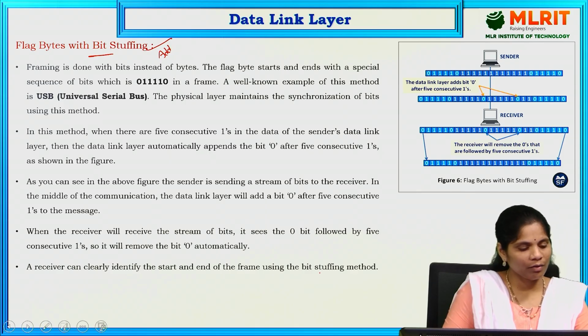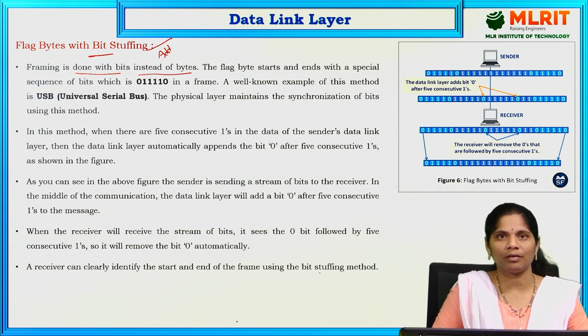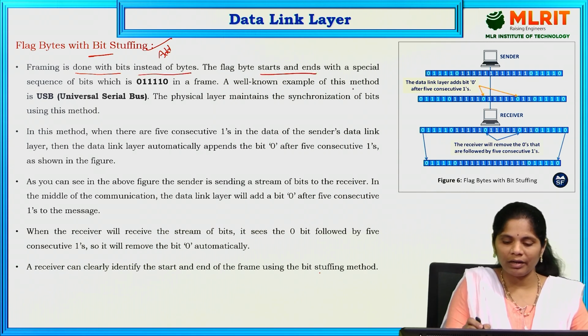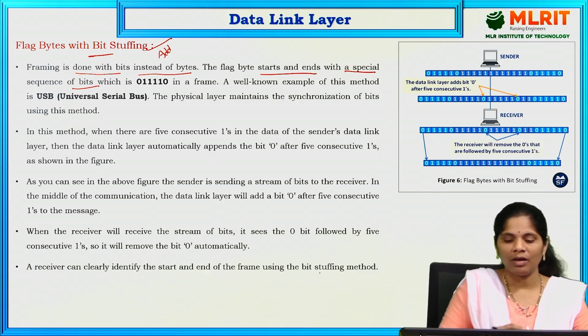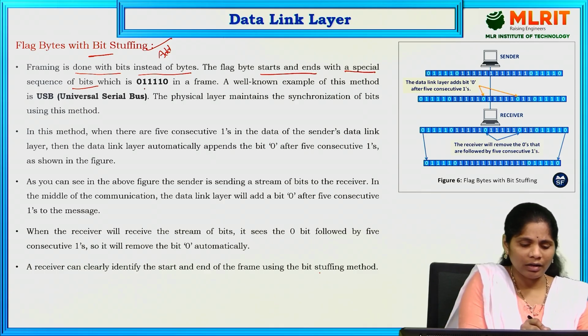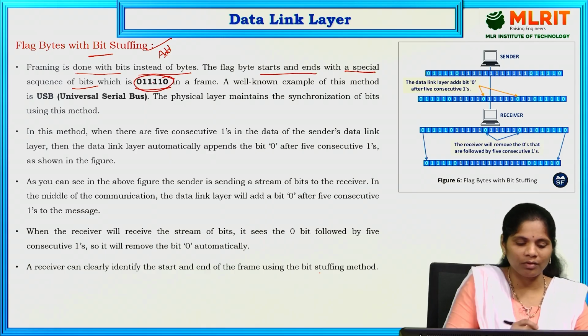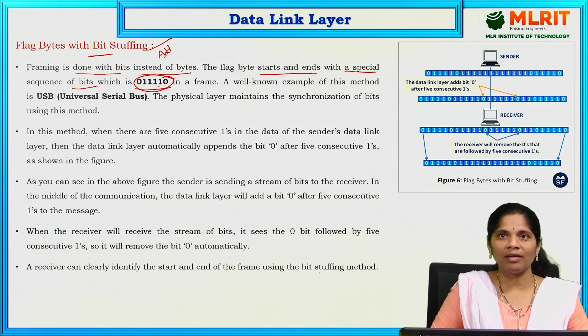So here, first of all, framing is done with bits instead of bytes. The flag byte starts and ends with a special sequence of bits. Whatever flag is there, we start and end with a particular sequence of bits. Here it is 0, then four 1s, then 0. This is the sequence of bits.